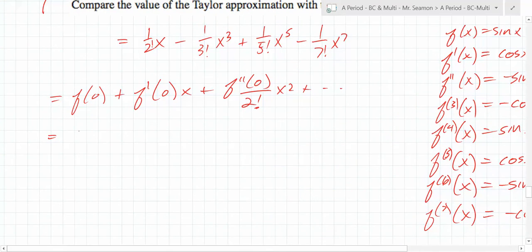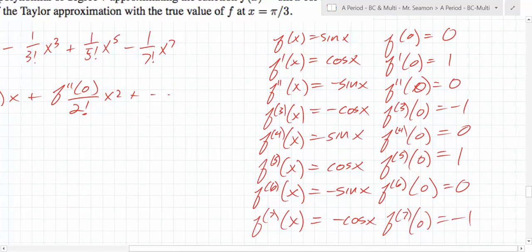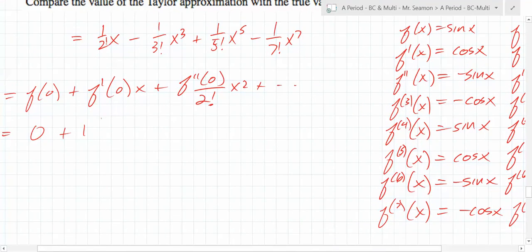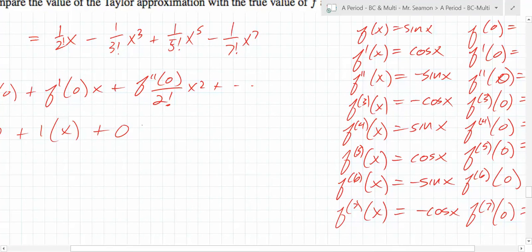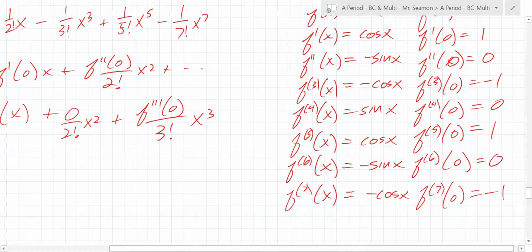So we plug that in. f prime of 0 is 1, so 1x. Plus f double prime of 0, which is 0, over 2 factorial times x squared. Plus, and we can do the next one now, the f triple prime of 0 over 3 factorial times x cubed. What's f triple prime of 0?